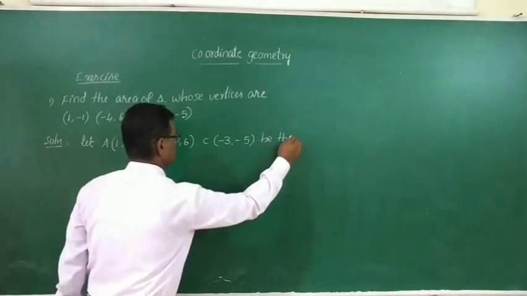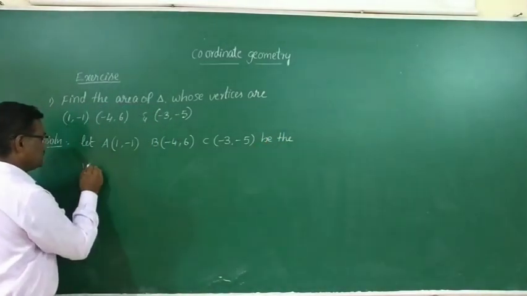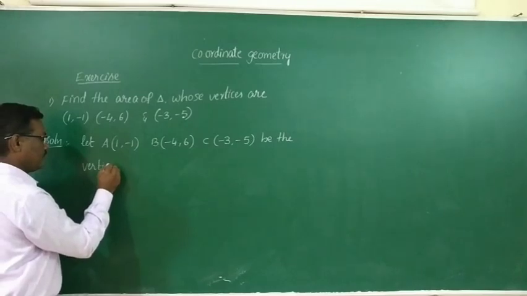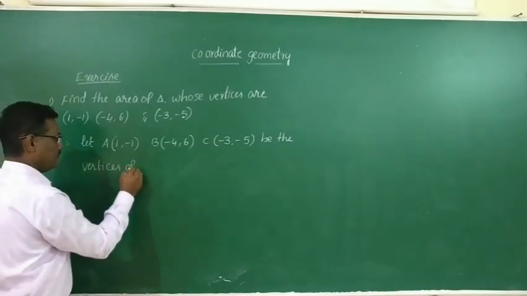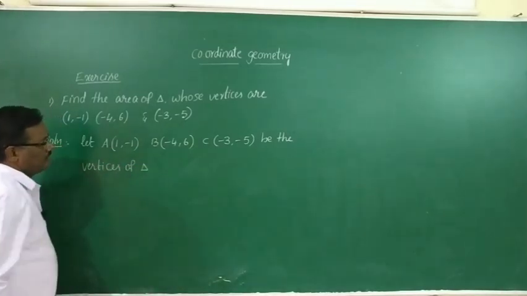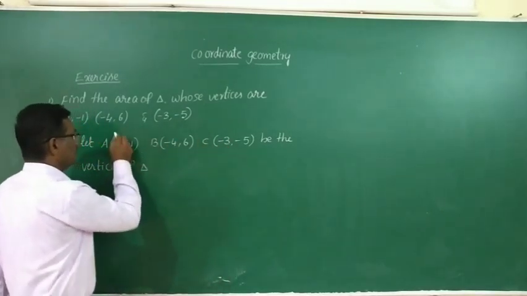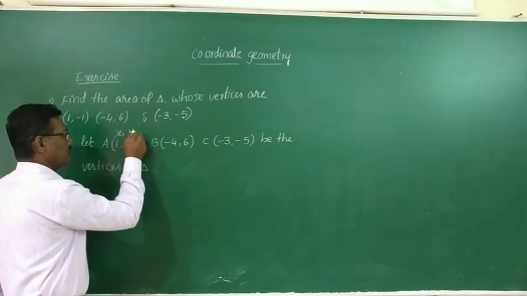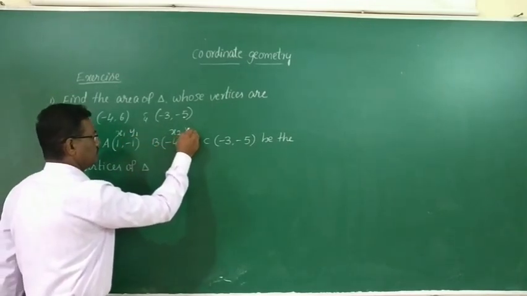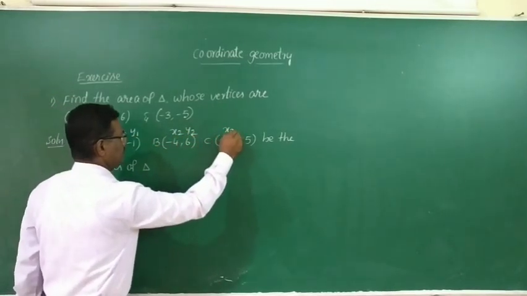These are the vertices of the triangle, and we also take the points as x1, y1, x2, y2, x3, y3.